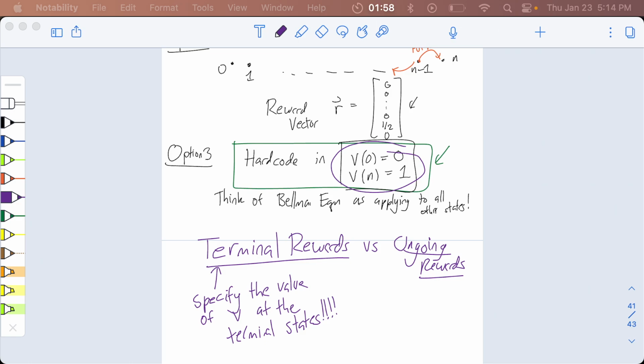Give me one second here to change this to the example that I want. Okay, that's the matrix M. R is 0, and V of n equals 1.